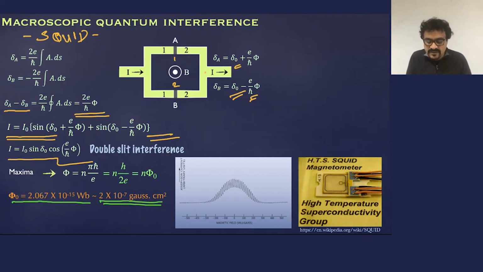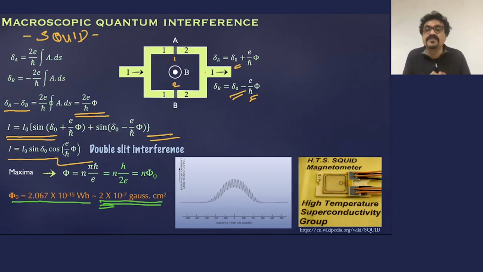Okay, so this is an interesting aspect where one can use this to detect a change in a very small field. If the field changes by this much, you get a complete oscillation in the current. So this is what it is used for.